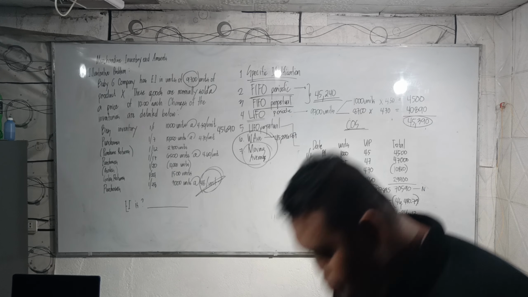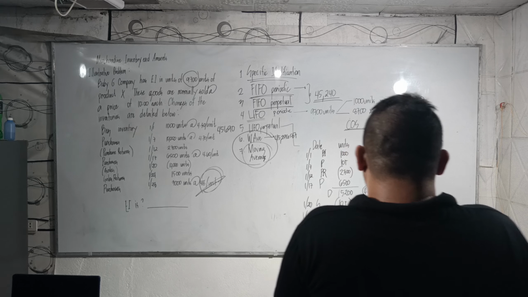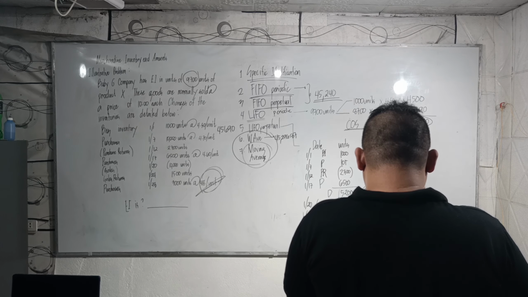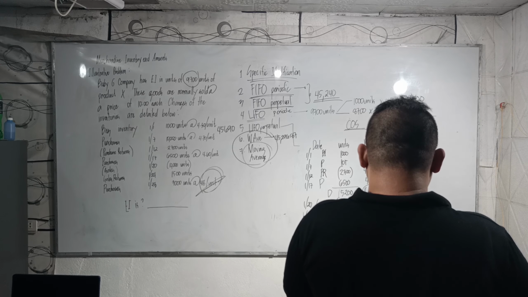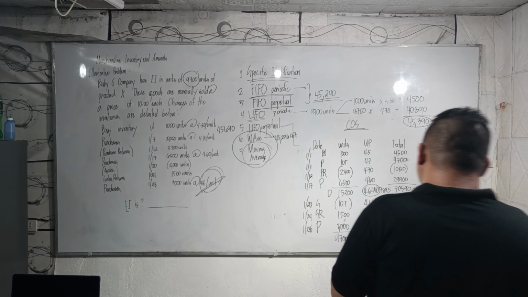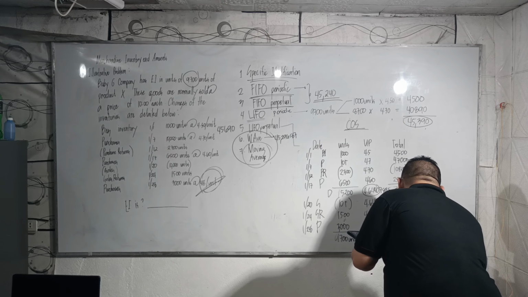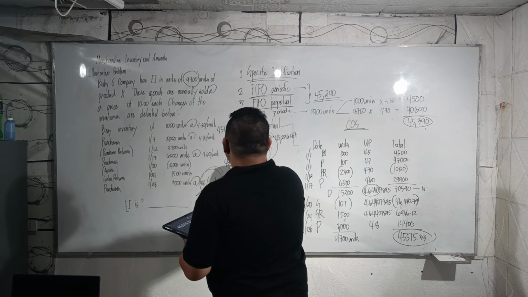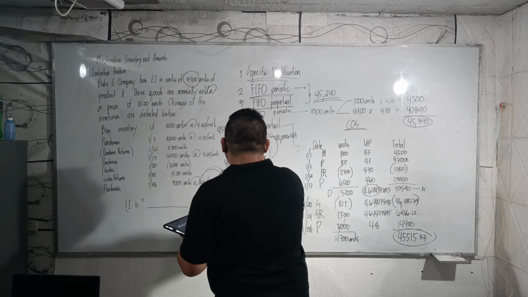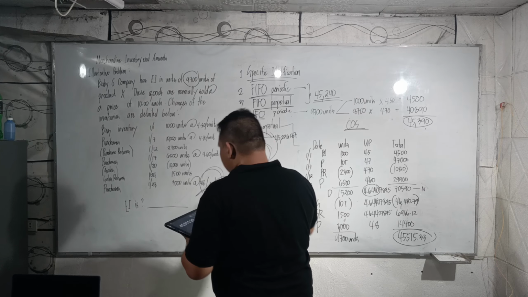And then, as to the amount, from 70,590 minus 46,440.79 plus 6,966.12 plus 14,400, you will have 45,515.33.